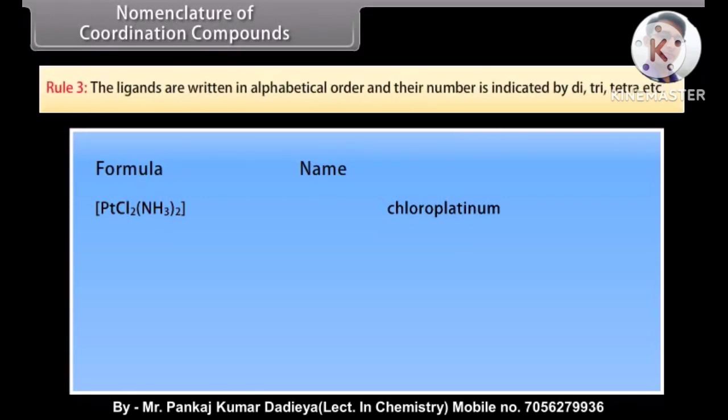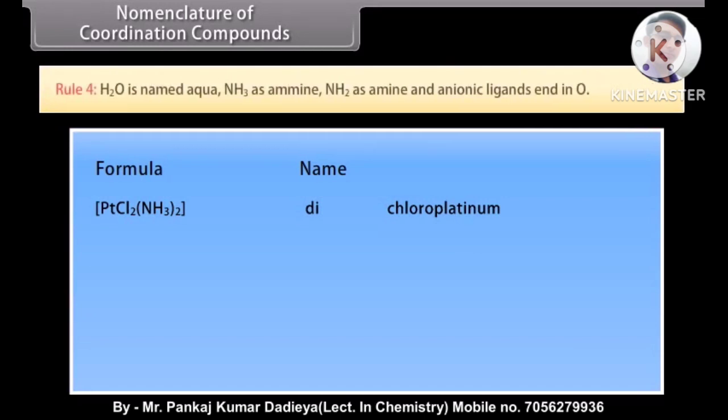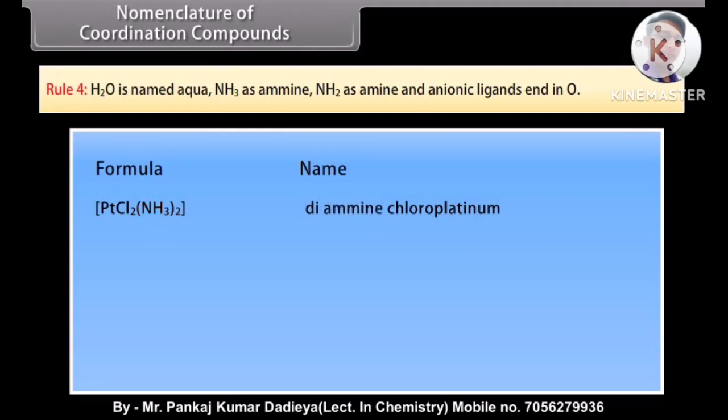Rule 3: the ligands are written in alphabetical order and their number is indicated by di, tri, tetra, etc. Rule 4: H2O is named aqua, NH3 as ammine, NH2 as amido, and anionic ligands end in o.